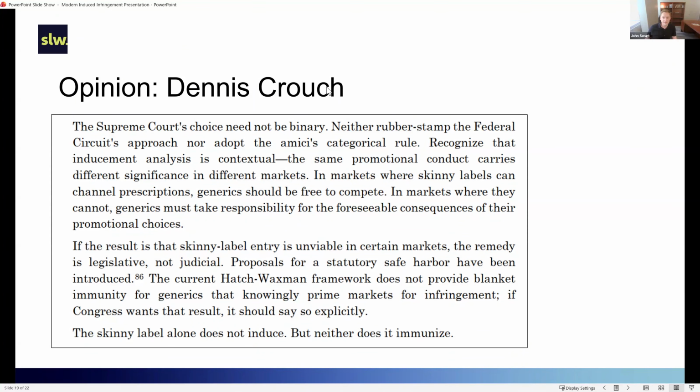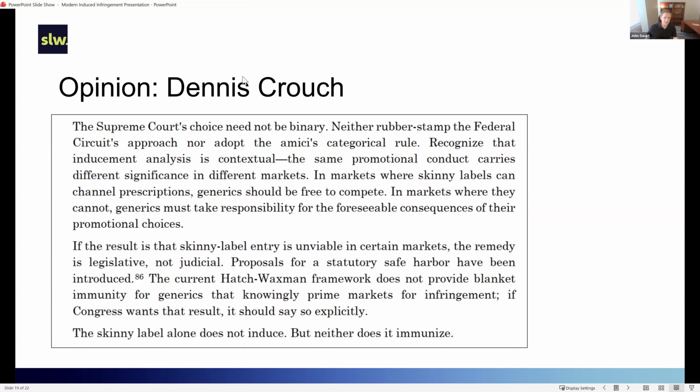This is a very unique case, and I think he calls it a tinderbox. Basically, we have a situation that is completely all set up. The market is clearly ready to take this generic drug and use it for off-label use, which infringes Amarin's patent.